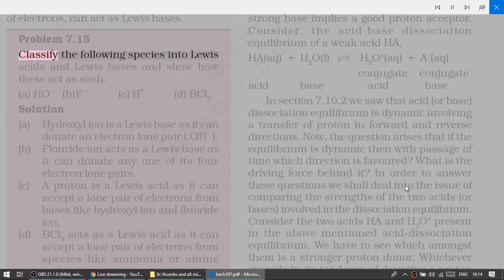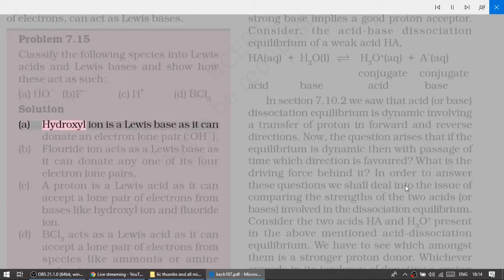Problem 7.15. Classify the following species into Lewis acids and Lewis bases and show how these act as such: (a) OH-, (b) F-, (c) H+, (d) BCl3.